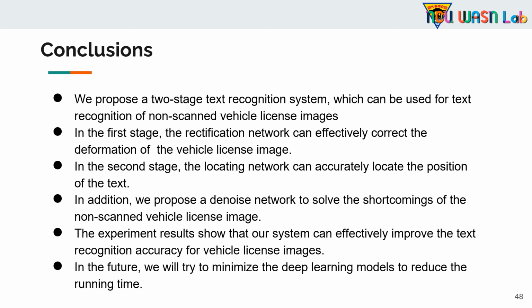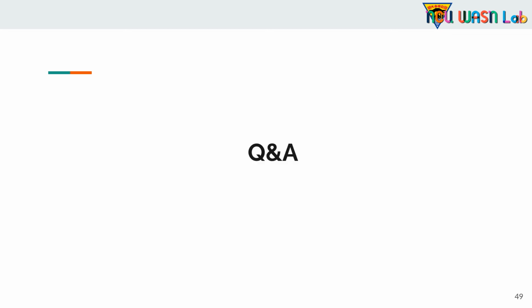In addition, we propose a denoise network to solve the shortcoming of the non-scanned vehicle license image. The experiment results show that our system can effectively improve the text recognition accuracy for vehicle license images. In the future, we will try to minimize the deep learning models to reduce the running time. And this is the end of my presentation.